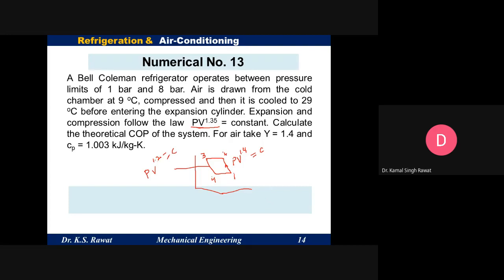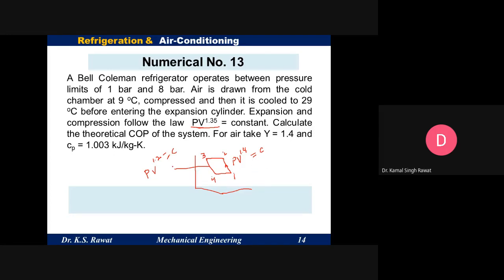And when you are calculating the compression work W, you will take directly m Cp delta T. Or you can use the formula gamma upon gamma minus 1 into R, which is equal to Cp. So you can directly take m Cp delta T.